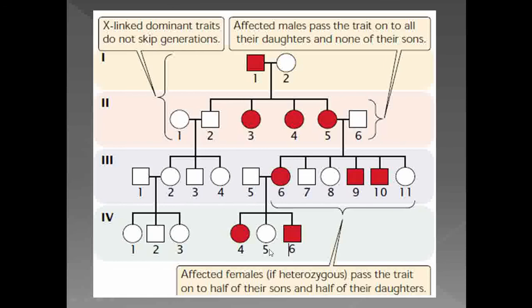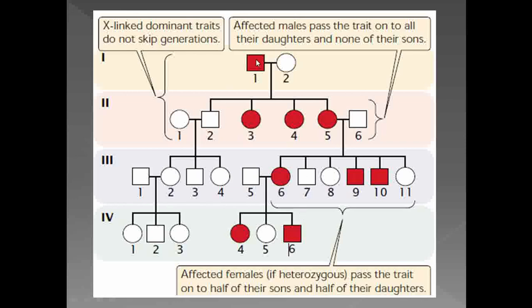So remember that. This trait can pass into every generation. All the males can pass that disease to the females, not the sons, and the females can transmit that disease half to the son, half to the daughter.